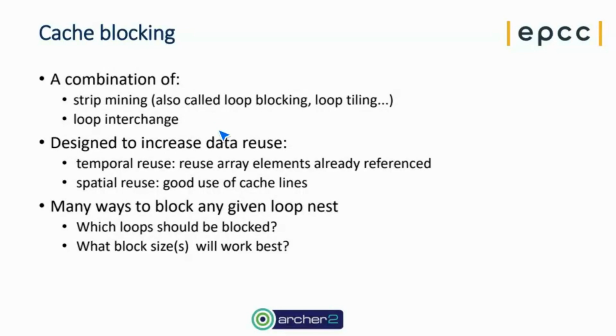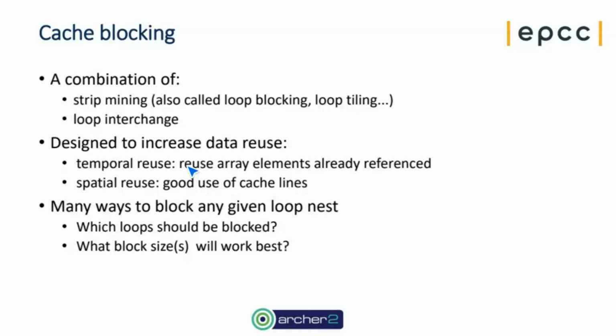What we're trying to do here is get both better temporal and spatial reuse, or at least get both good temporal and spatial locality. But there's a lot of choices for a given loop nest. Which loops are we supposed to block, and what block sizes should we use?